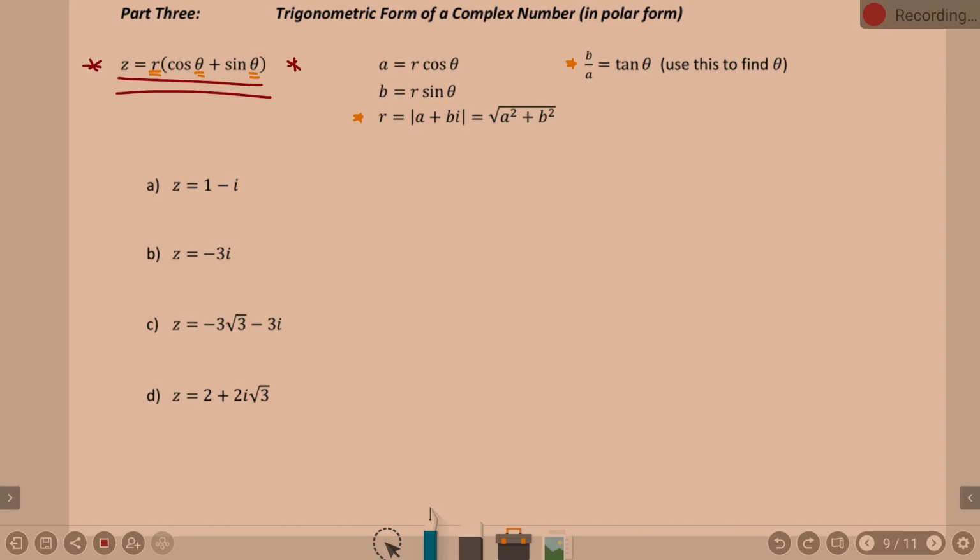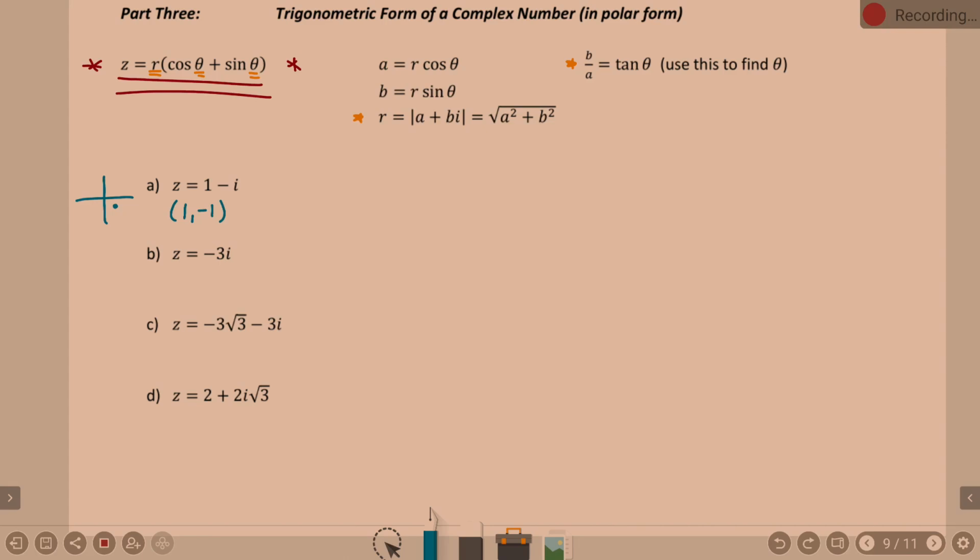Just based on what we did up above, 1 minus I is the same as saying (1, negative 1). That's going to be helpful in a moment. Quick little visual. Where is (1, negative 1)? Right 1, down 1, so it's going to be down there in quadrant 4, yes? That visual is going to be necessary when we get to the angle.